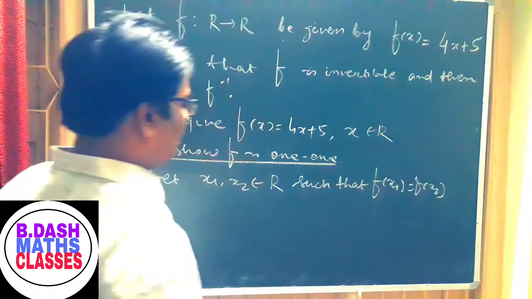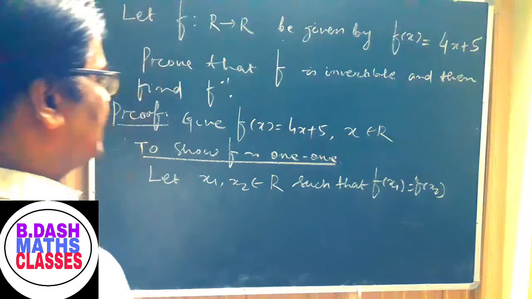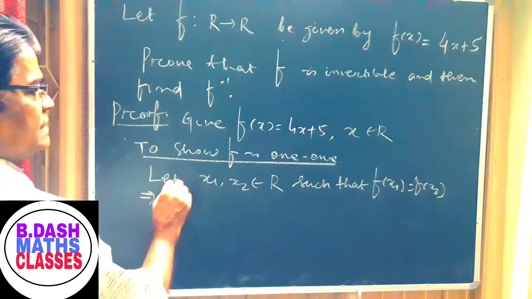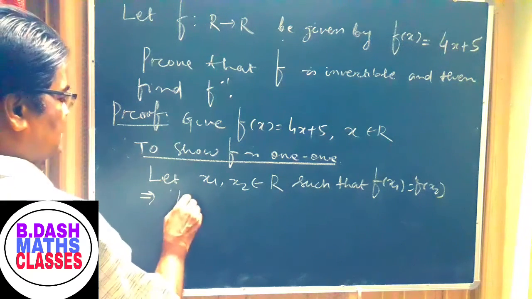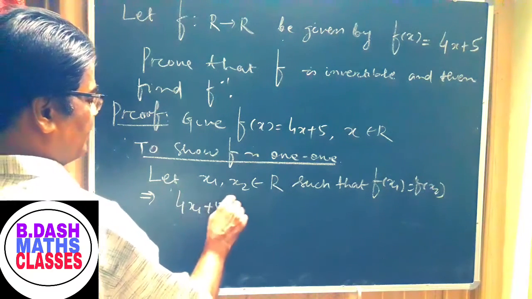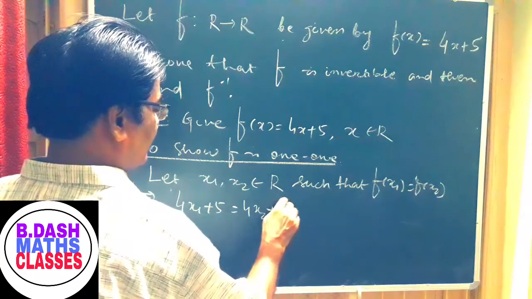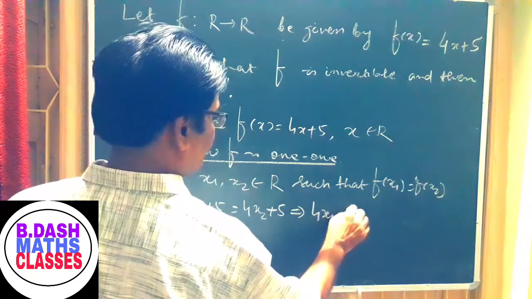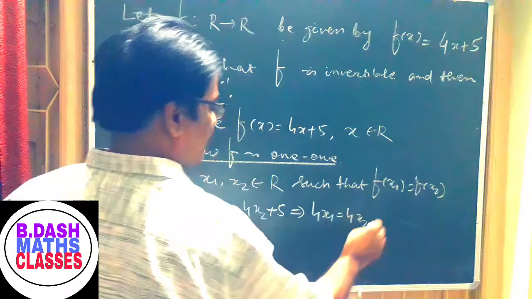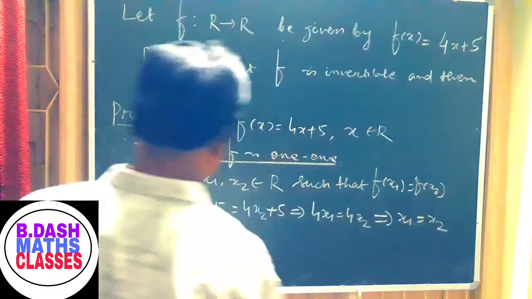So in order to prove this, we are choosing two elements x1, x2 belonging to R with f(x1) equal to f(x2). This implies 4x1 + 5 = 4x2 + 5. So this gives us 4x1 = 4x2, which implies x1 = x2.